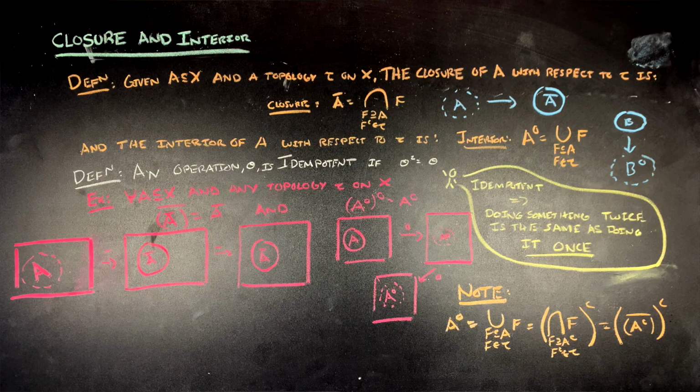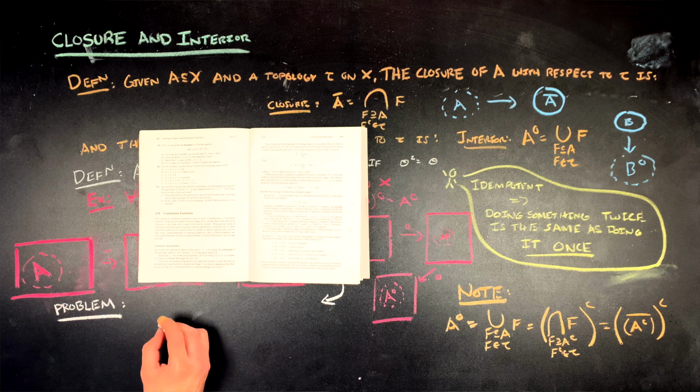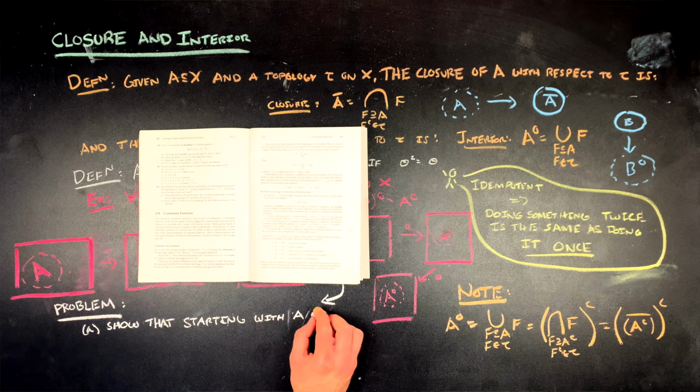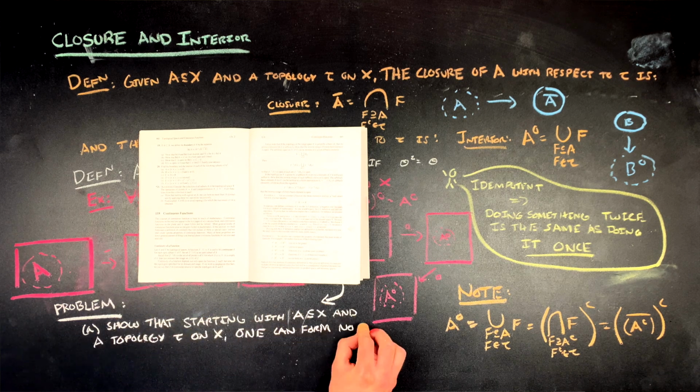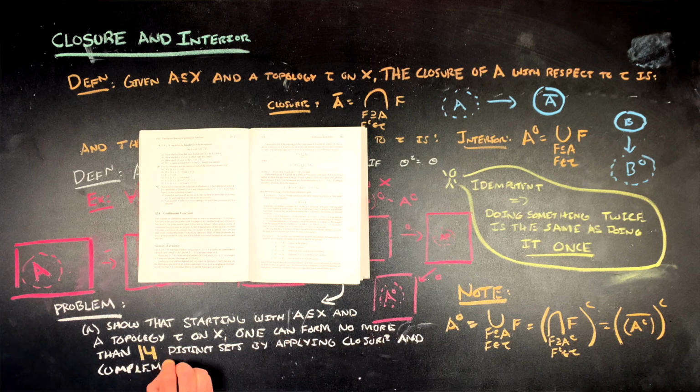In particular, one of the homework problems that you may encounter from Munkres' topology and other topological textbooks is a hard exercise that's labeled with the name Kuratowski. It asks: 1, for a given topological space, show that starting with a given set A, one can form no more than 14 distinct sets by applying the closure and complement operations in any order that you would wish.